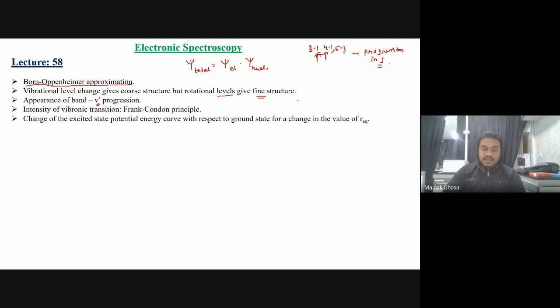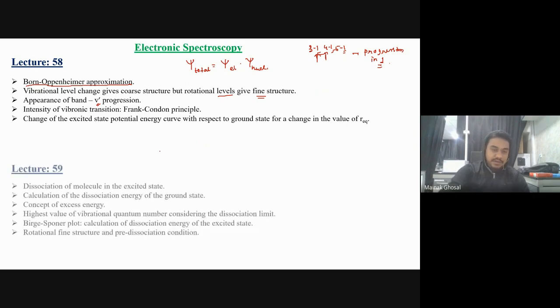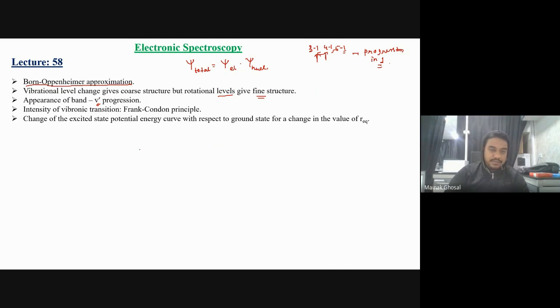Then the change of the excited state potential energy curve with respect to the ground state, for a change of R equilibrium. Four cases were discussed, and I have enough space here. So four cases were possible. The first case is R equilibrium.